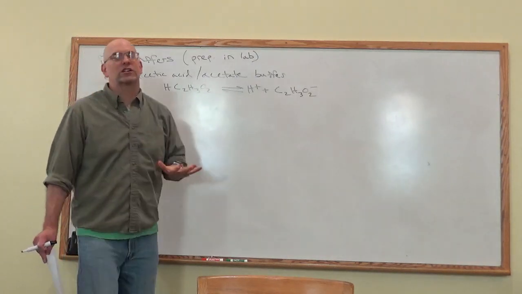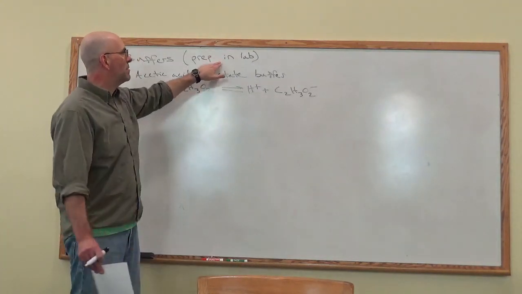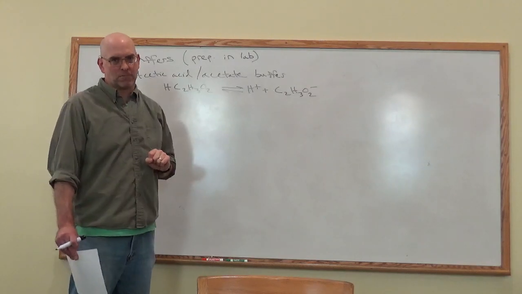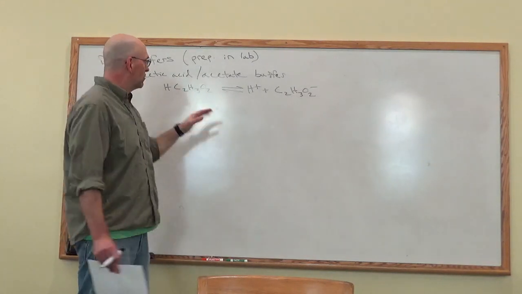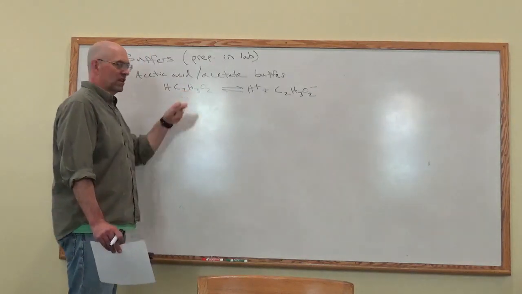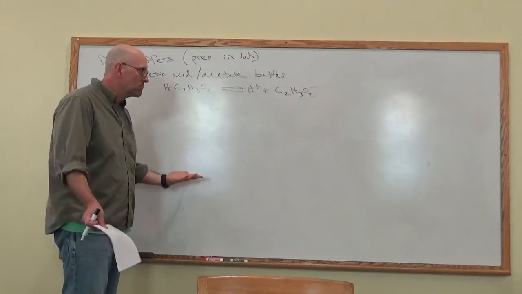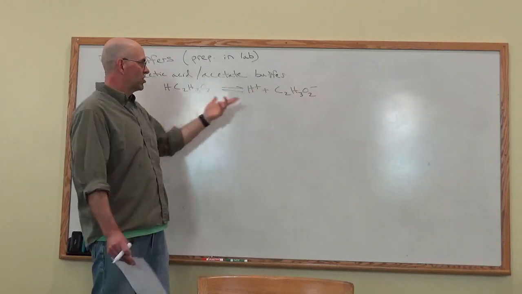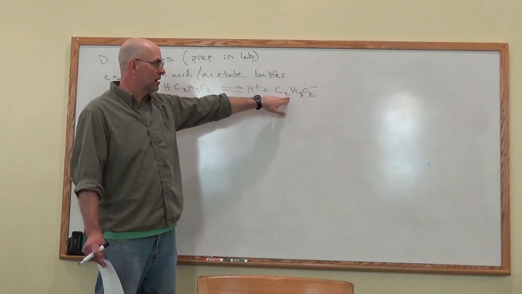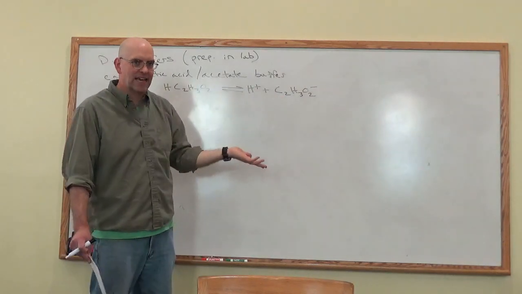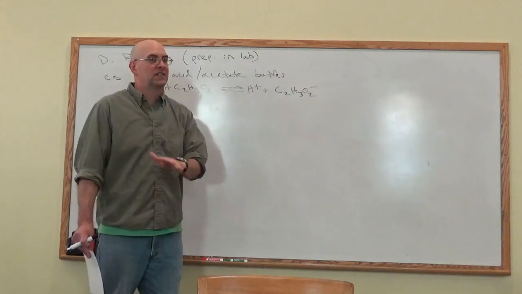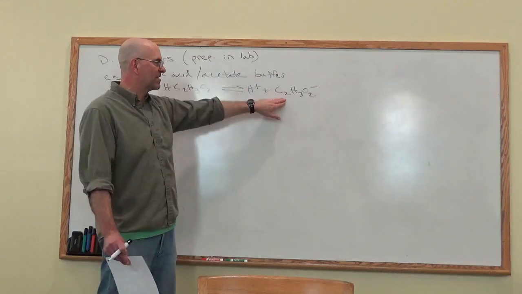So some things we're going to do in class. In lab, you're going to learn how to prepare a buffer. I'm not going to worry about that right here. If you're going to prepare a buffer in the lab, you would physically go grab a bottle of acetic acid, because it's a liquid, and then a jar of some ionic compound that has acetate, like sodium acetate. Because the sodium, as you know, doesn't have any acid-base properties, but acetate does.